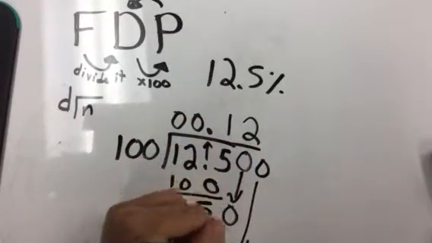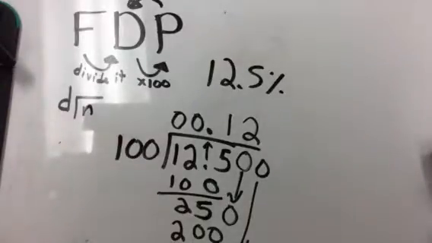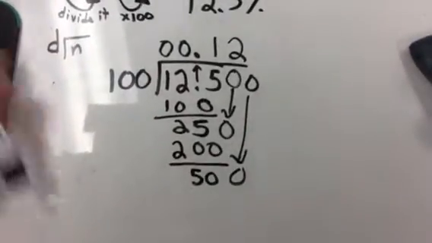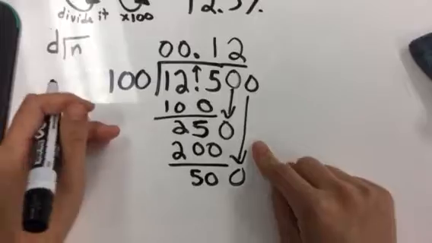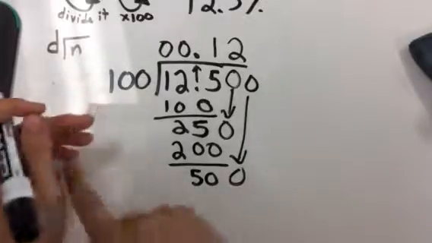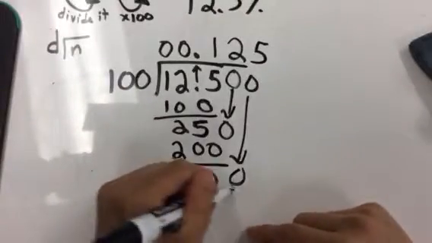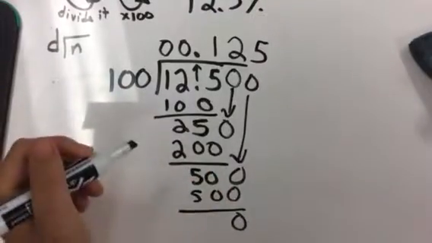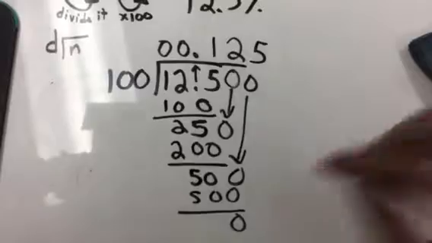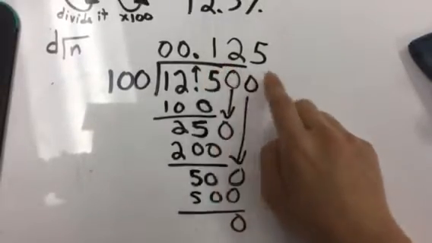I'm going to bring it down one more time. Now I have 100. Oops, you can't see that. I'm so sorry. Basically I brought down the 0, and now I'm trying to figure out that 100 goes into 500 5 times. Because I'm at 0 now, I know that I'm done, and that my answer is going to be 125 thousandths.